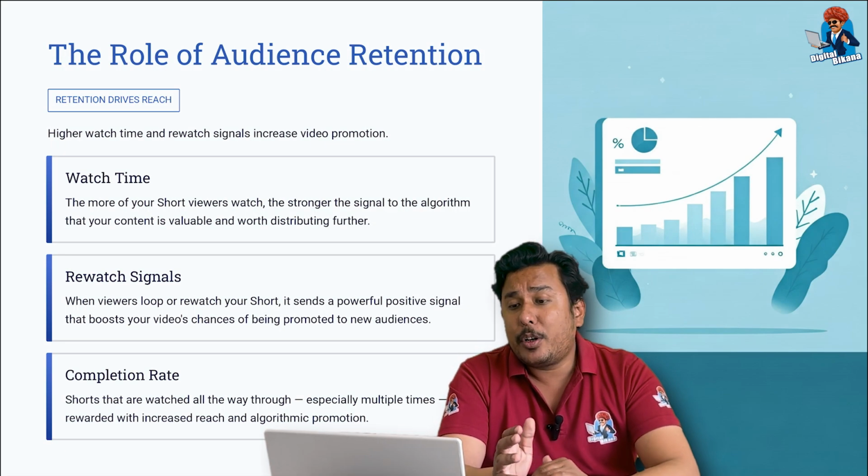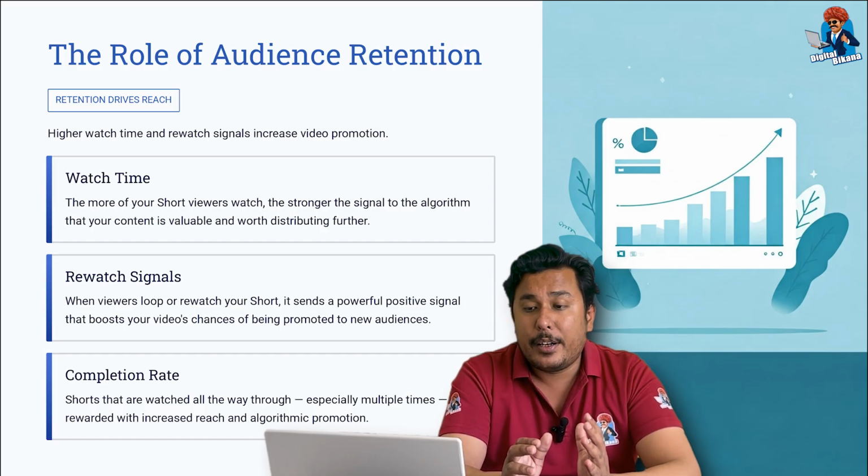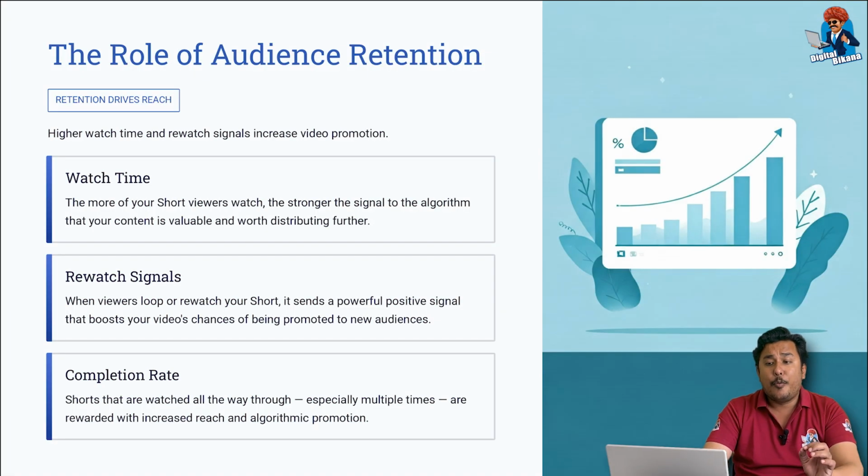If I discuss the role of audience retention, then watch time is a primary factor. The more of your short viewers watch, the stronger the signal to the algorithm that your content is valuable and worth distributing further. Then automatically the YouTube algorithm will distribute your content to further people, right?